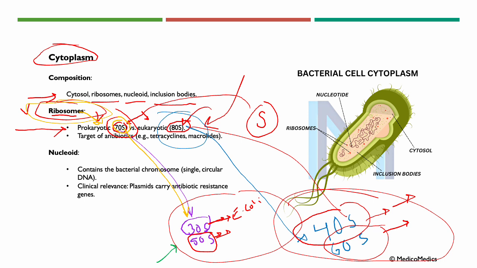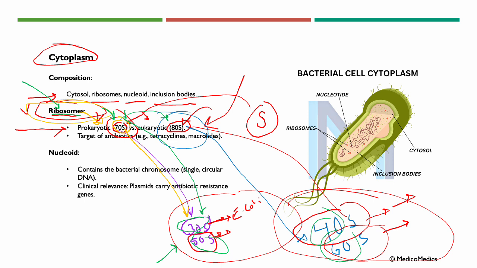Now, why does this matter? Why did we jump into the structure of the bacteria, focusing on ribosomes, differentiating between their Svedberg units, finding their subunits, differentiating between 30S and 50S versus 40S and 60S? Why does this matter to us as medical doctors?